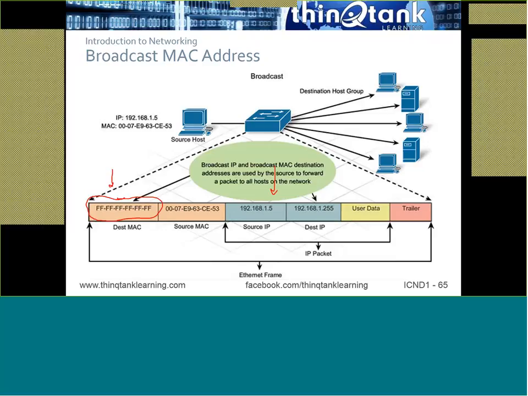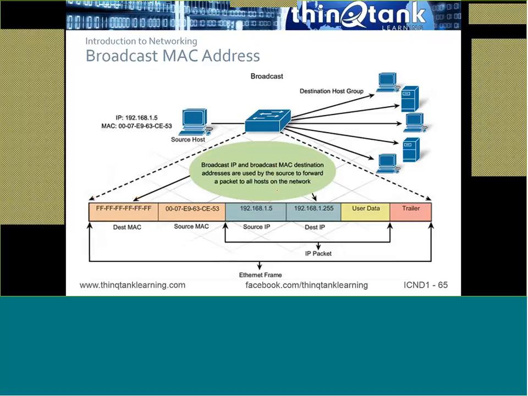Not oftentimes you see that, but it can happen. What does it mean for a layer 2 broadcast? What is the scope of a layer 2 broadcast? It goes everywhere within the subnet. Switches flood layer 2 broadcasts. That's layer 2. We're talking about a layer 2 address. We're talking about affecting layer 2 devices.